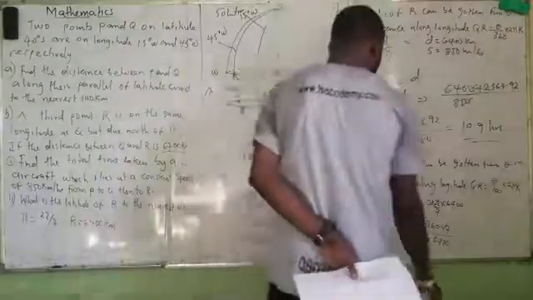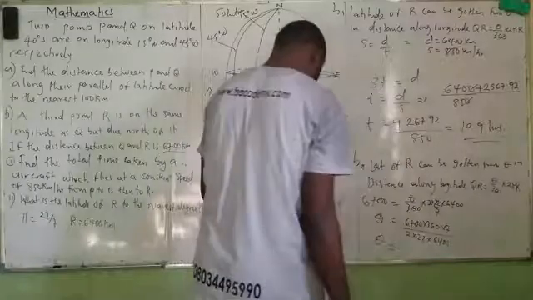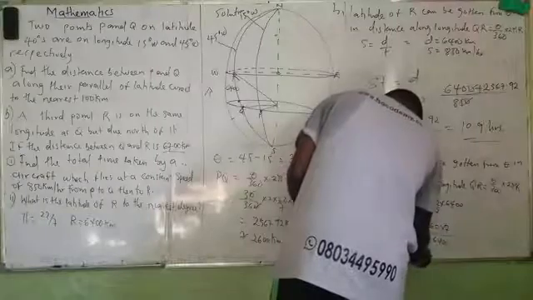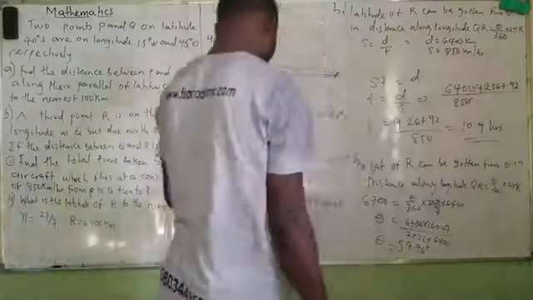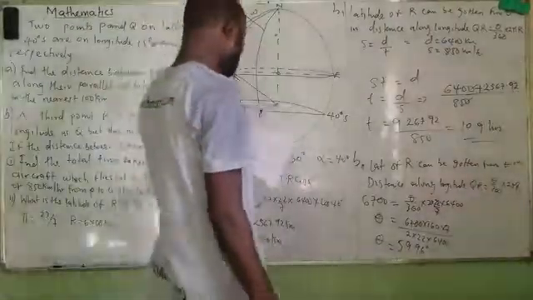We all know that pi is 22 over 7. By pressing the calculator, we'll be having 59.996 degrees, that is mine. Now, how do I get what I need? It means the latitude of R now.